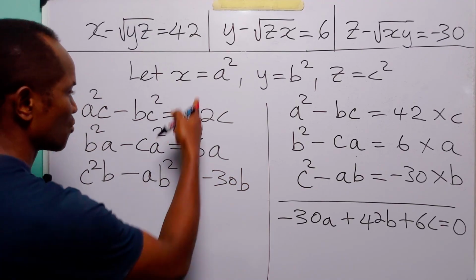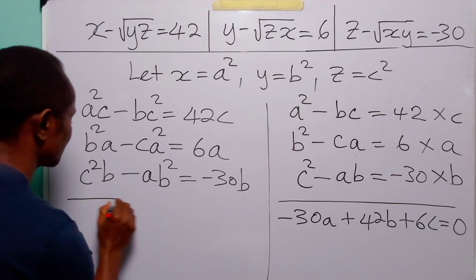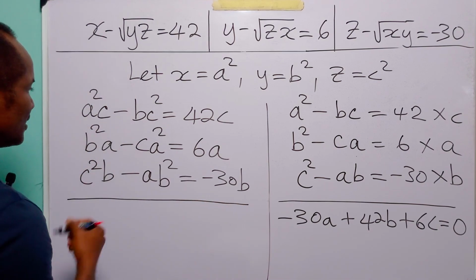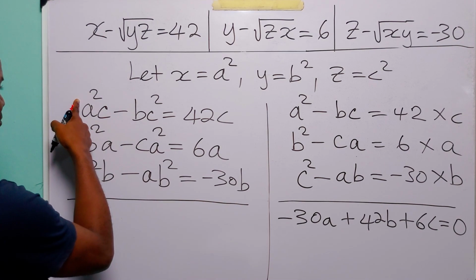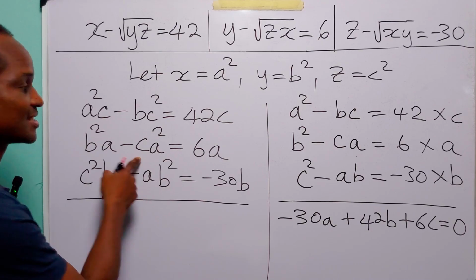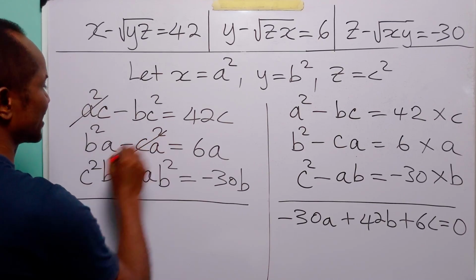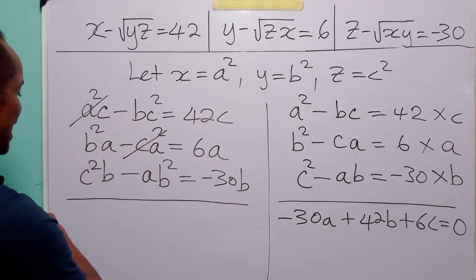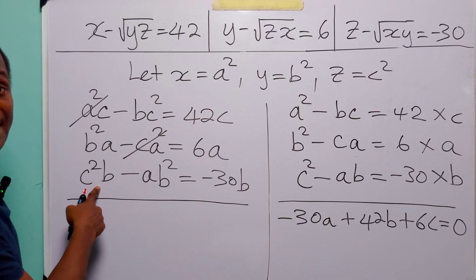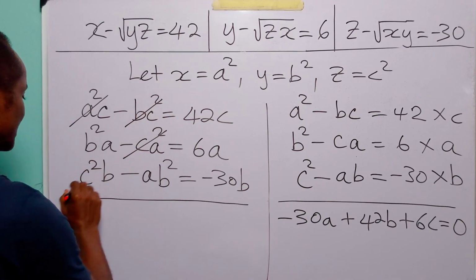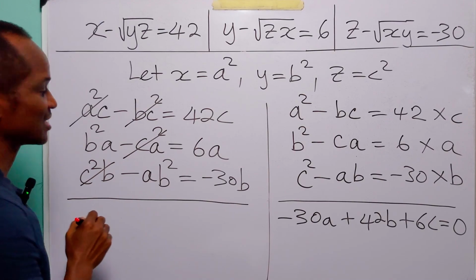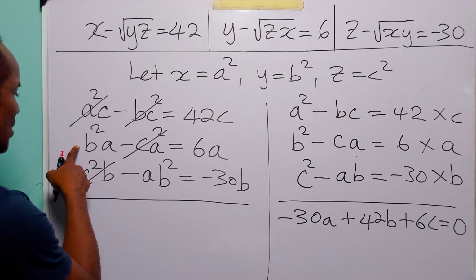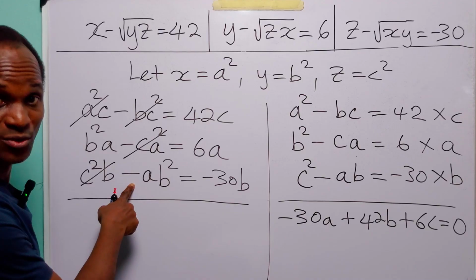Now, once more, we add all three equations. And you can see that we have a squared c and minus a squared c. So this is going to take care of that. We have minus bc squared and plus bc squared. So this and this are going to take care of themselves. And lastly, we have b squared a and minus b squared a.